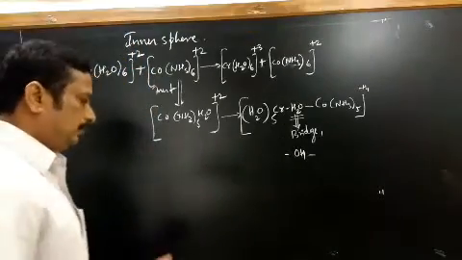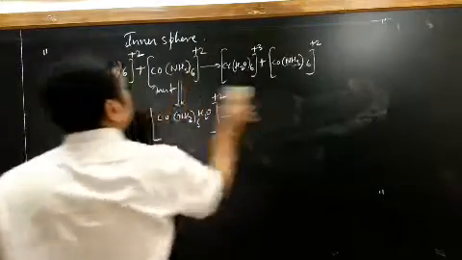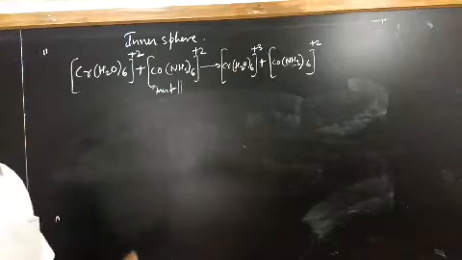Now, what is the mechanism? We will go for the next concept. I will take the same thing and remove this. How does this happen? What is the mechanism behind this?